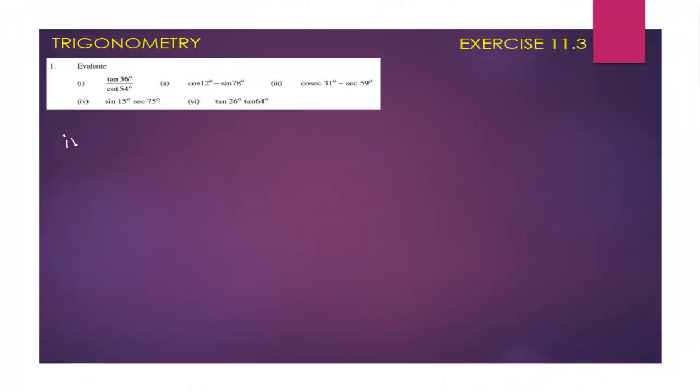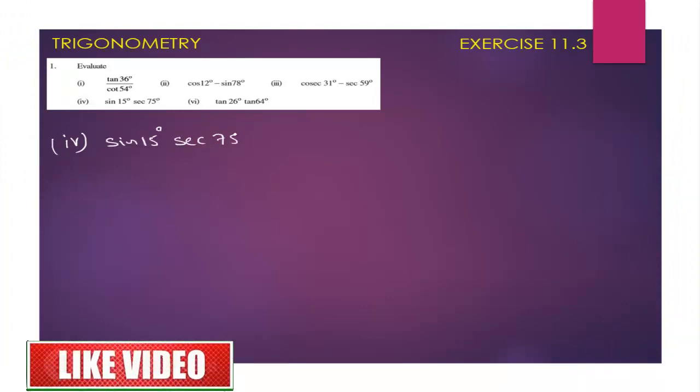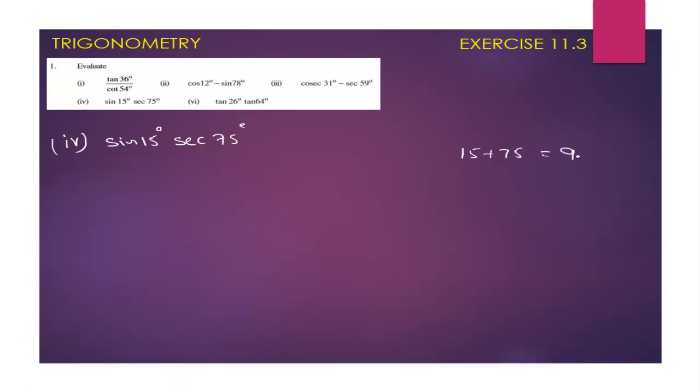That is sine 15 into secant 75 degrees. Here also the given angles are 15 degrees and 75 degrees. If you add these, 15 and 75, we get 90. So sine 15 we can write as sine of 90 minus 75, into secant 75 degrees.